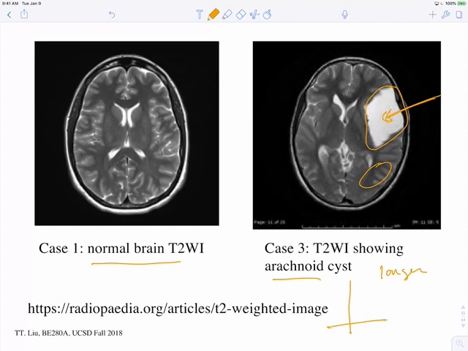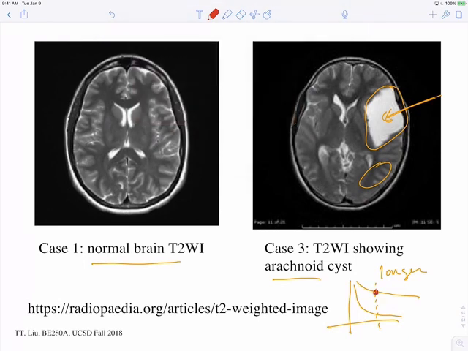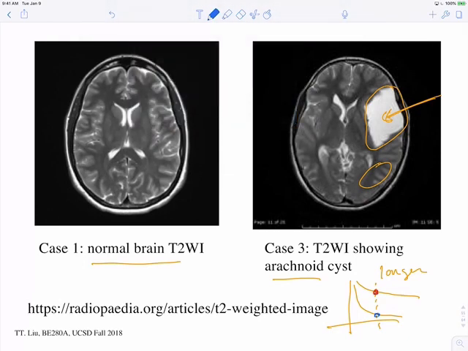You could also remember that if you have two different things that are decaying at different rates, and we acquire at some time here, this signal is much brighter than this signal. So the red signal has much more signal than the blue.